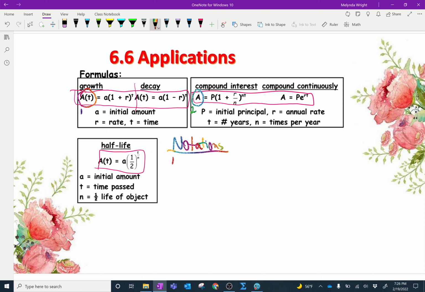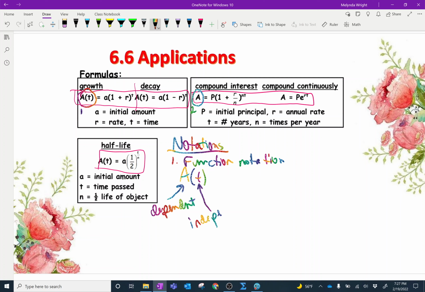Notation number 1 is called function notation. This is a more formal notation. The A in this particular case names the dependent variable, and the T names the independent variable.